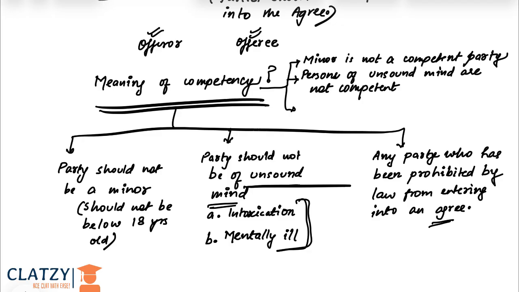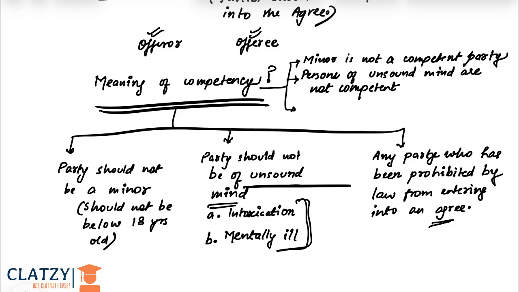So the government may pass any act or legislation saying that people who are willful defaulters should not be allowed to enter into loan agreements. Now that is what we are talking about. That if the government or the law of the country itself says that certain categories of people cannot enter into agreements or certain types of agreements, then those people are not competent to enter into the agreement.